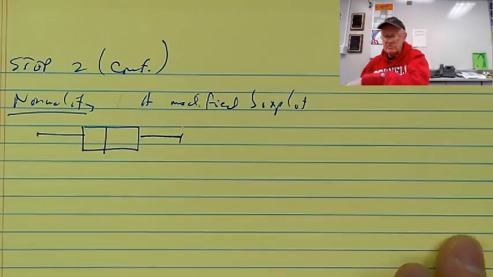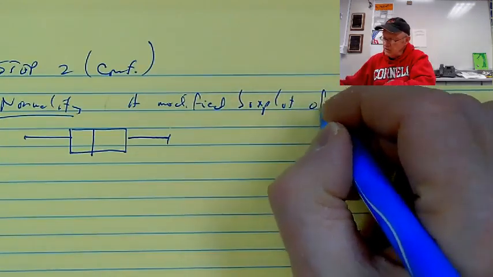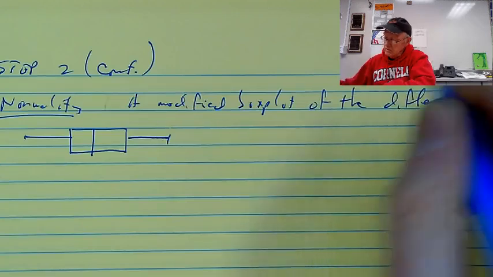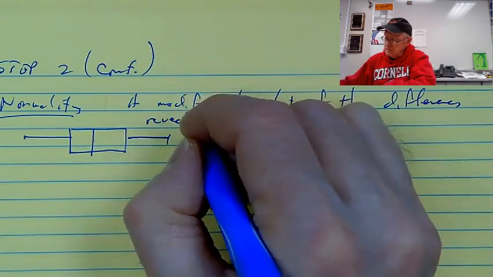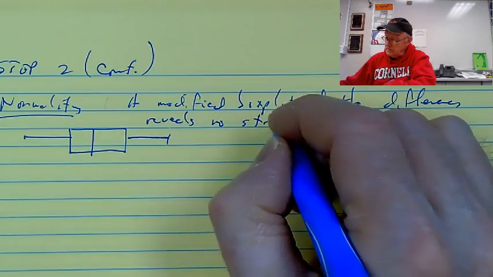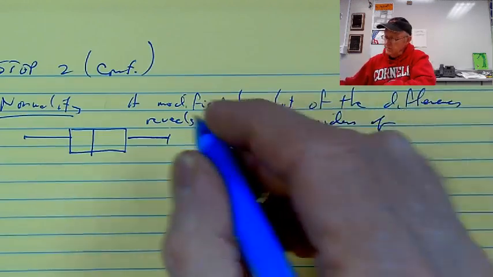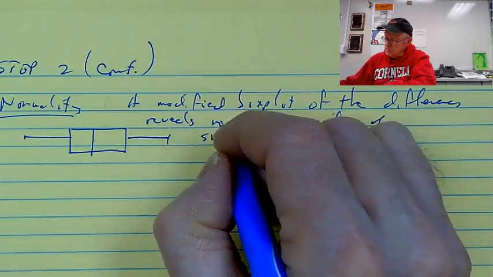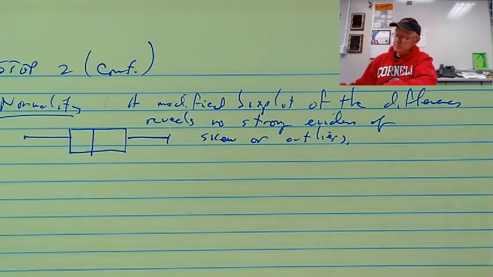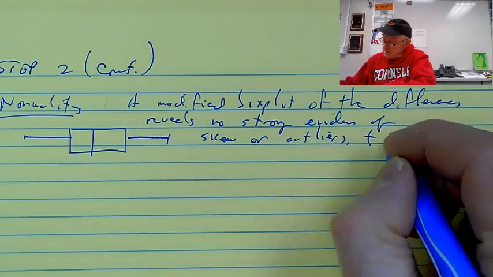Let's call it modified box plot of the differences reveals no evidence, I'll say no strong evidence of skew or outliers. T procedures should be safe.